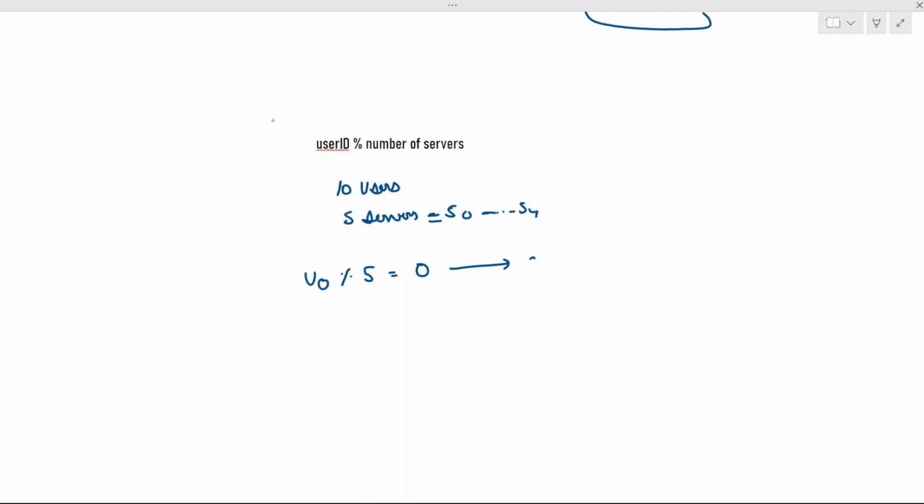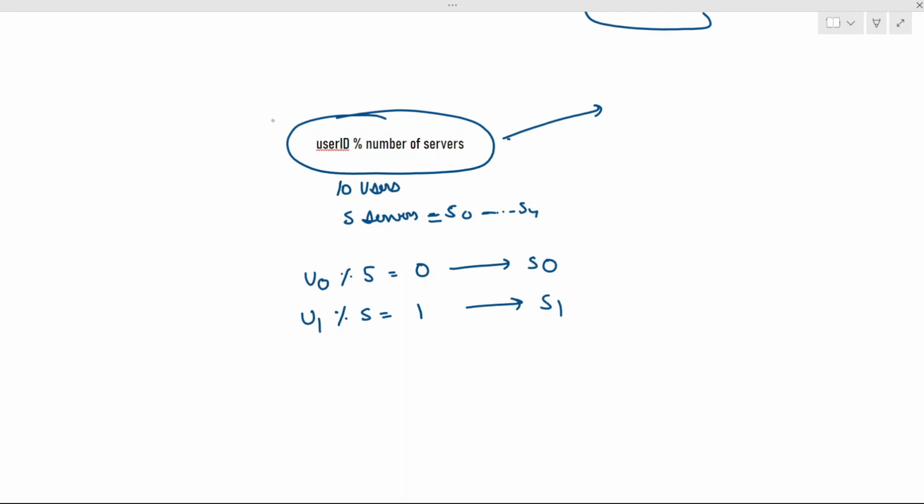So this will be served by server 0. Similarly, when the request comes from U1, it gives us 1 and it will be served by S1. This way, the load balancer will do this very simple operation, and it will be able to divide or route the requests to the particular servers according to this algorithm, based upon the user ID.